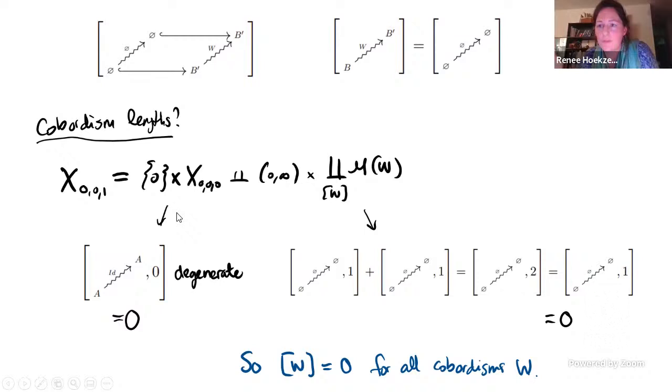But these also are mapped to degenerate one simplices, so they have to be 0. And then here, I had this length parameter, but it was in a continuous interval. Remember that I've taken pi naught of my diagonal, so that means that this entire thing is contracted in the sense that I just have one length for my cobordism.